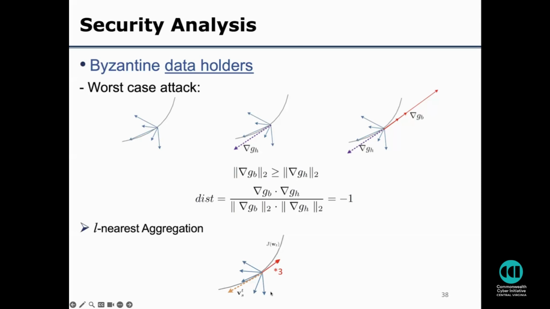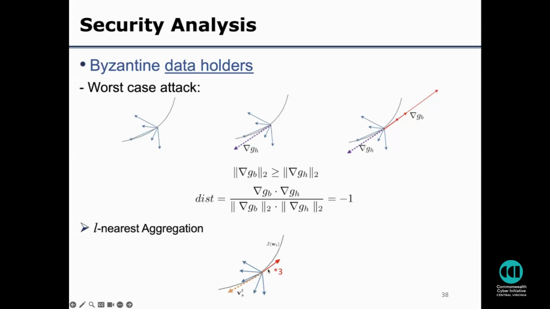Here, because of the offset direction, the summed direction may be like this one, a little bit different from the expected line.